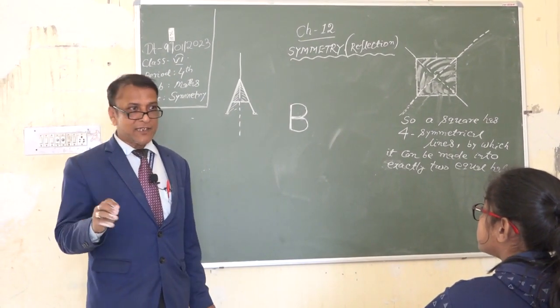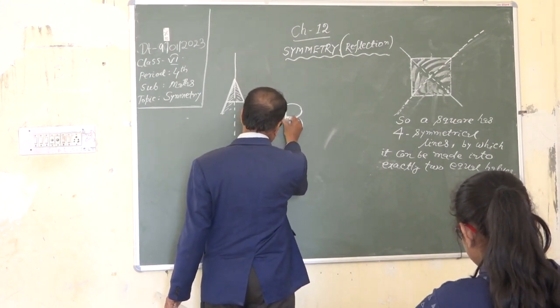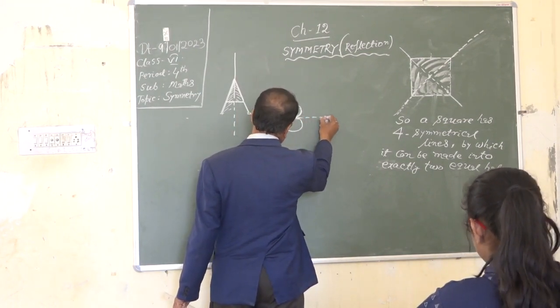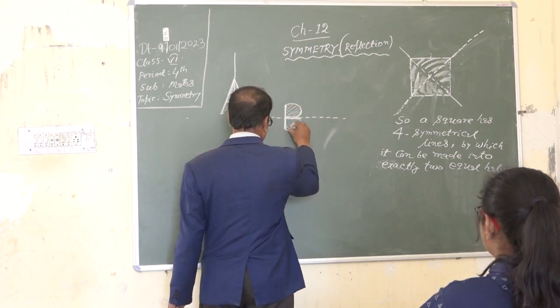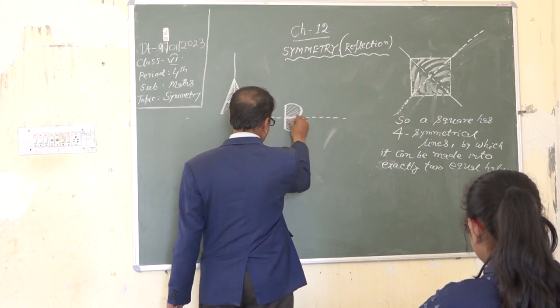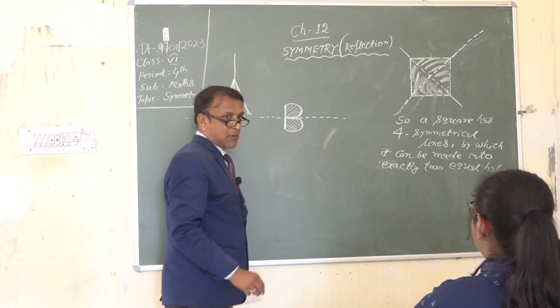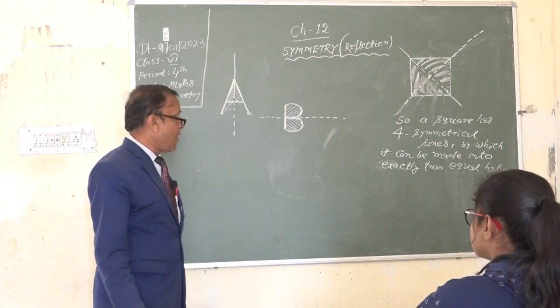So by a horizontal line the letter B is symmetrical. Yes or no? Understanding? Yes, sir. So ये पार्ट ये जैसे है ये वैसे ही है. एक का ऊपर दूसरा ओवरलैप कर जाता है.